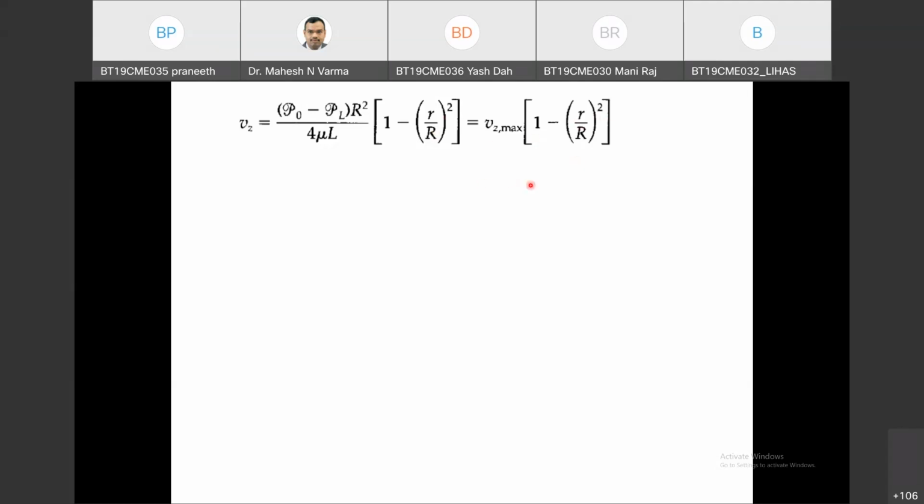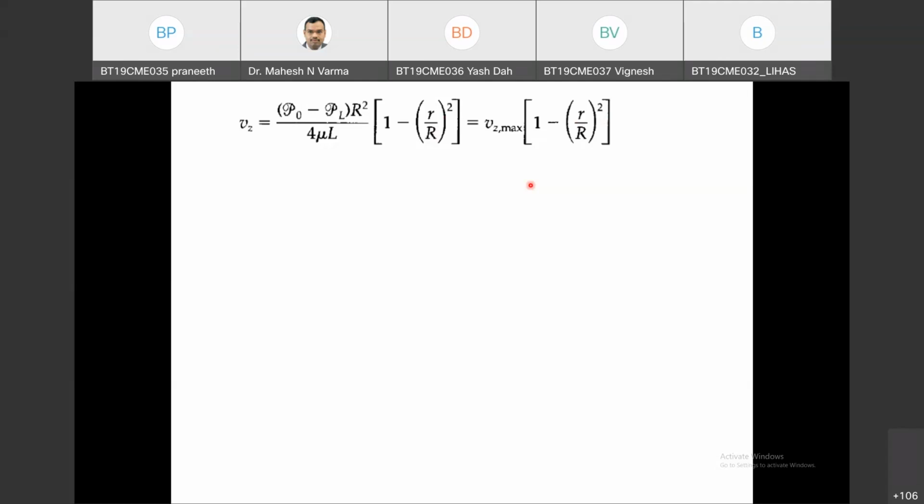And how to get this velocity profile? Roll number 37. In earlier classes we got that by a shell balance in a cylinder, a shell momentum balance first of all. Which momentum balance will you take?